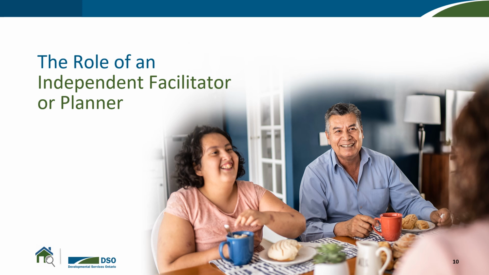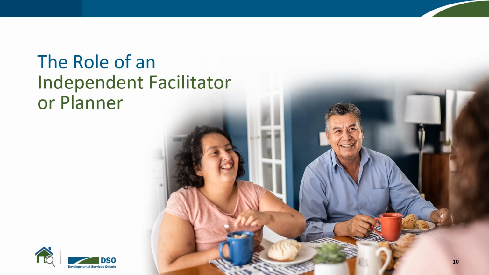You can connect with your local DSO Housing Navigator to ask about facilitators or planners in your area if you're not sure where to look. You can also contact your local developmental service agencies to ask if they offer planning services. Passport funding allows you to use $2,500 of your yearly funding amount to pay for planning supports.